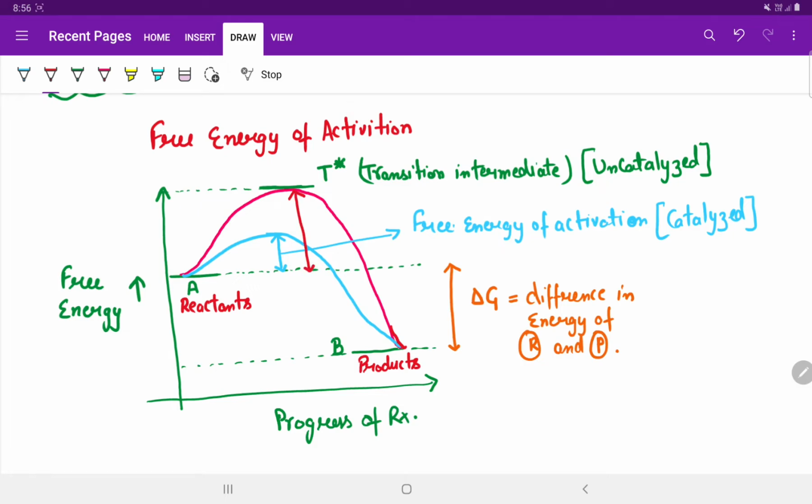Whereas this is the free energy of an uncatalyzed reaction. Now you can clearly see the difference in the gap, and this difference is only in presence of an enzyme.